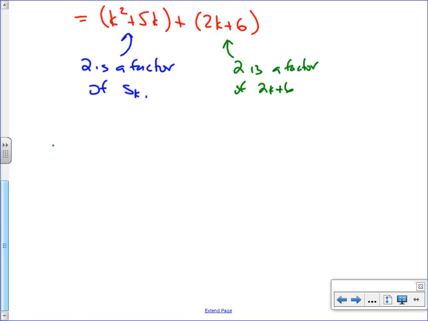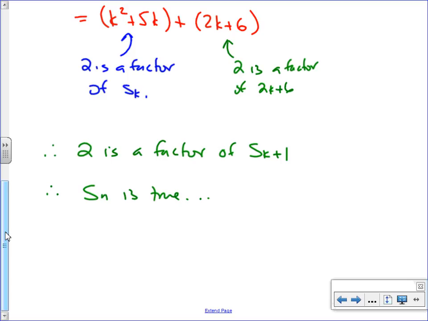Therefore, 2 is a factor of S(k plus 1), which makes it true. Thus, Sn is true for all positive integers n. So the trick to this one is to pull the Sk from the original.